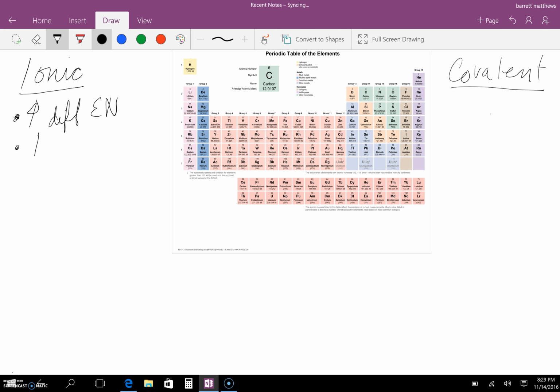Therefore, one or more electrons are actually going to be taken from the other element, causing a definite positive and negative charge to happen. And this positive and negative will cause the two to be attracted to one another.